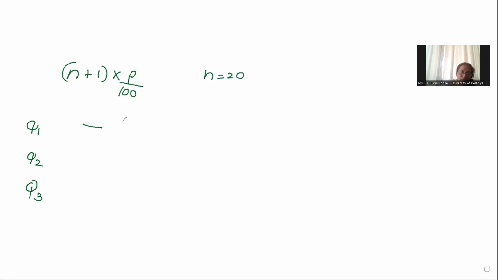If we want to find the first quartile, Q1, that is n, which is 20, plus 1, multiplied by p divided by 100.